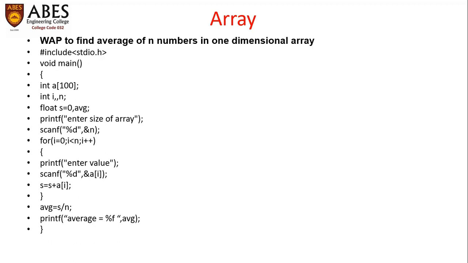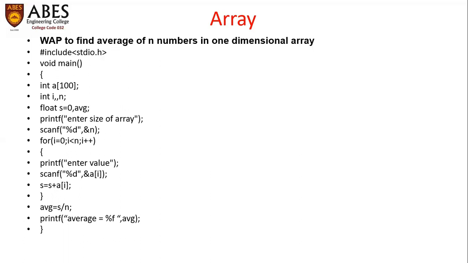Whatever value the user gives through the keyboard with scanf, the first value will be stored at the address of a[i]. Because the for loop is running the first time, the first value will be stored at a[0]. Similarly, the value I have taken, we are going to add into s.